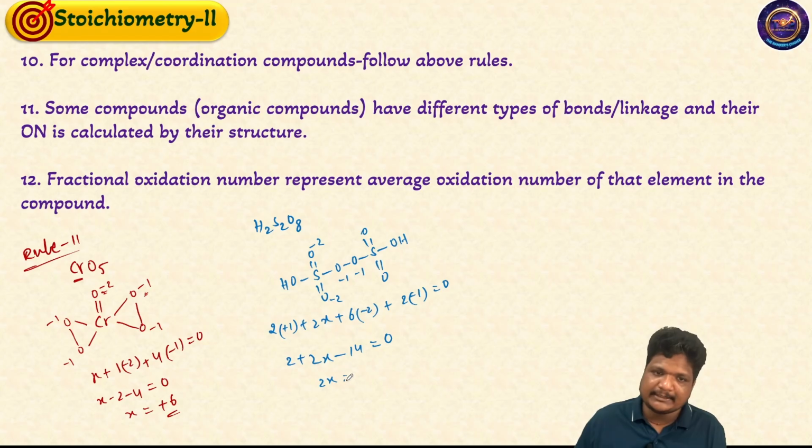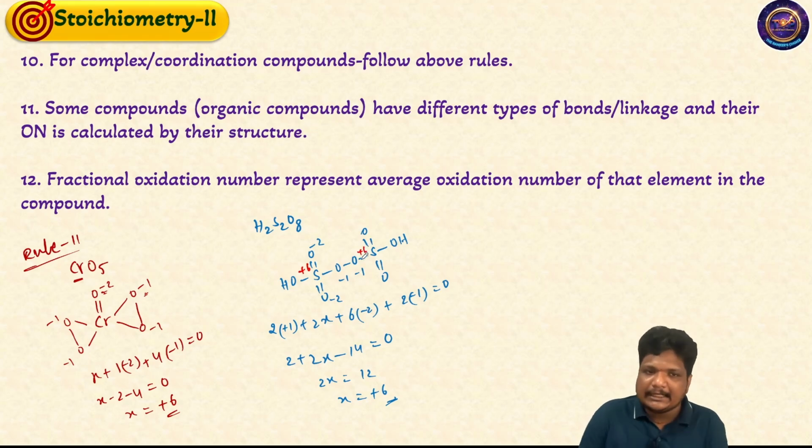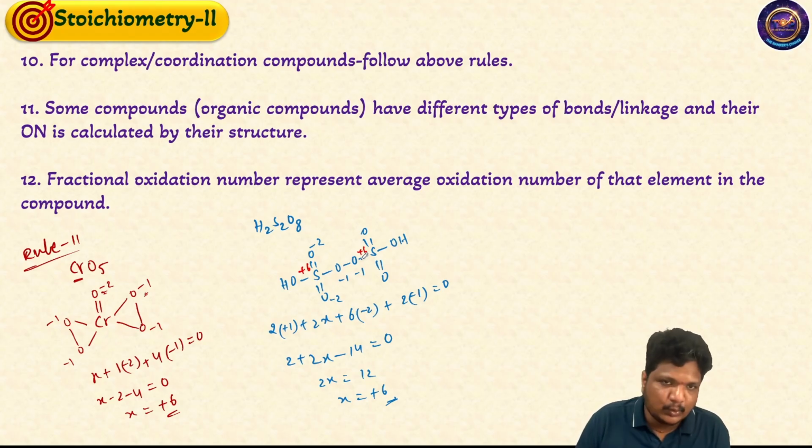So 2x is equal to 12, so x is equal to +6 oxidation state. Each sulfur has a +6 oxidation state. In this way you can calculate the oxidation state of each sulfur in the given compound H2S2O8 based on its structure.